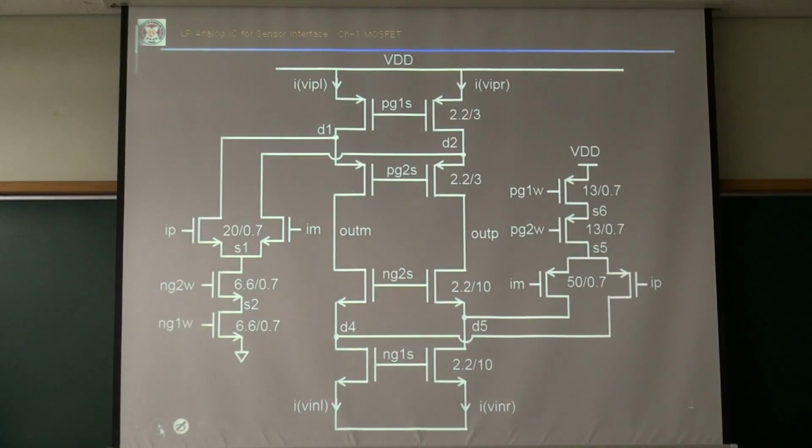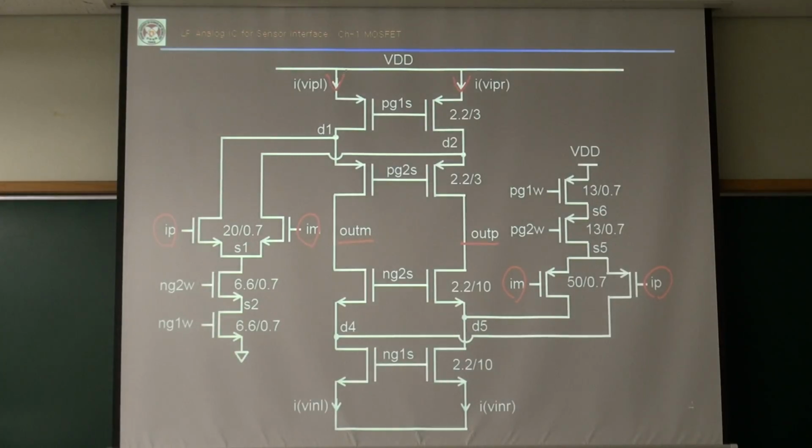Let's move on with the CMFB circuit. We are talking about the fully differential op-amp. We have two inputs, in plus and in minus, and two outputs, out plus and out minus.